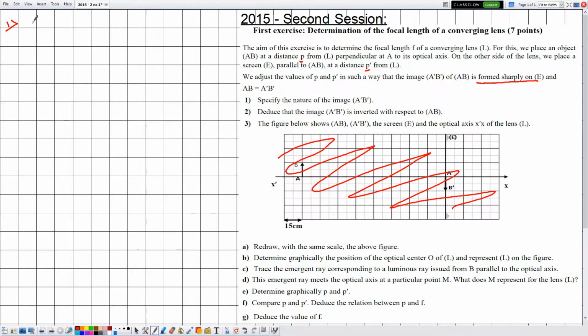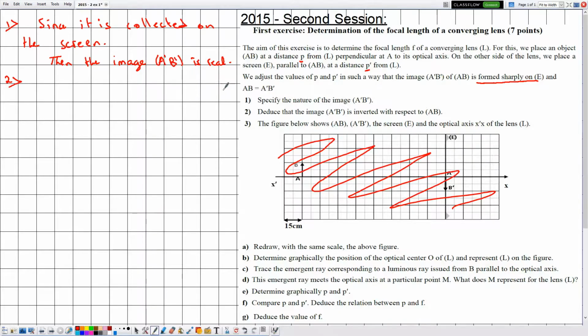So let's write down, since it is collected on the screen, then in this case the image A'B' is real.